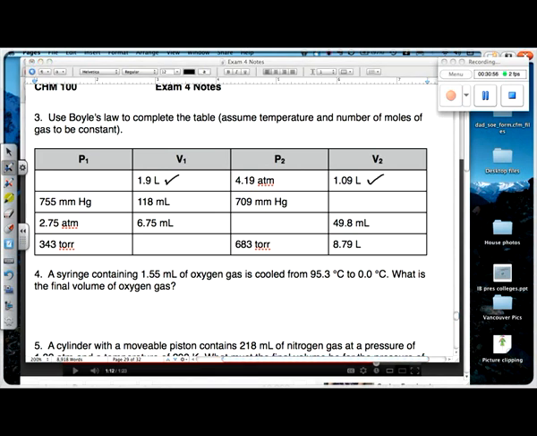When I solve for P1, my pressure will be in atmospheres, because this pressure right here is in atmospheres. And both pressures in millimeters of mercury. So when I solve this one, my volume will be in milliliters like this. So that's the only thing to check, to make sure that things are in the right units and it looks good. So I'm going to go ahead and start working these.